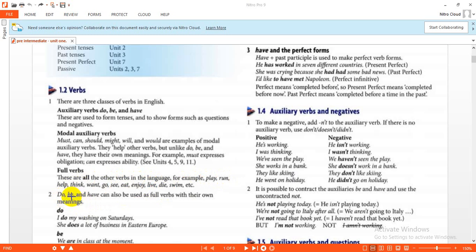Do, be and have can also be used as full verbs with their own meaning. لدينا كذلك الأفعال المساعدة do و be and have يمكن أن تكون full verbs مثل الأفعال الكاملة.